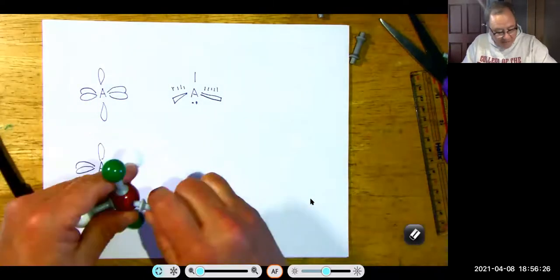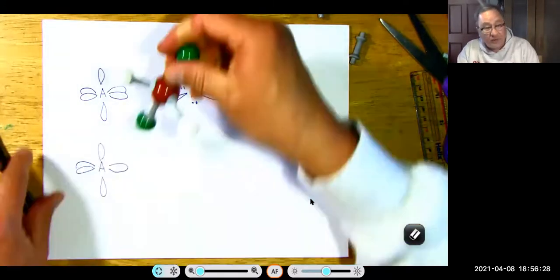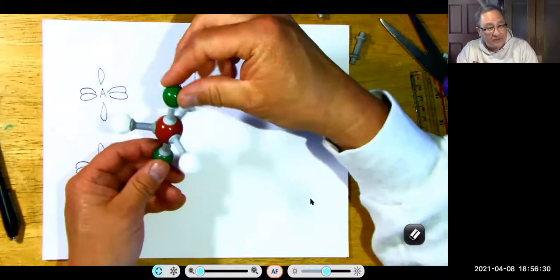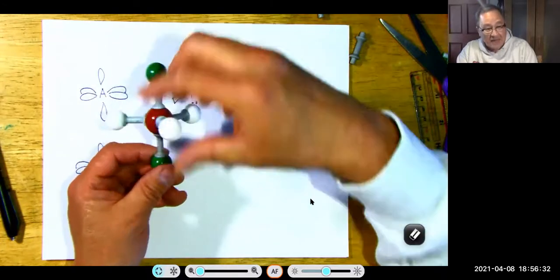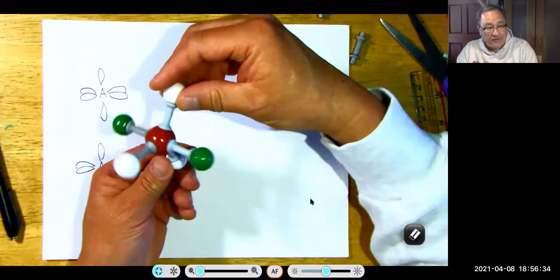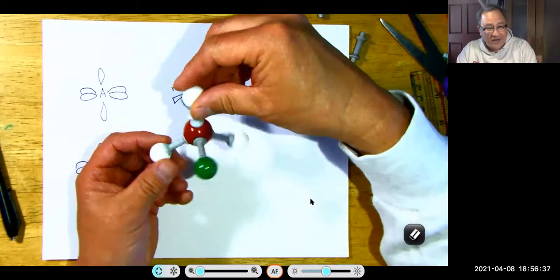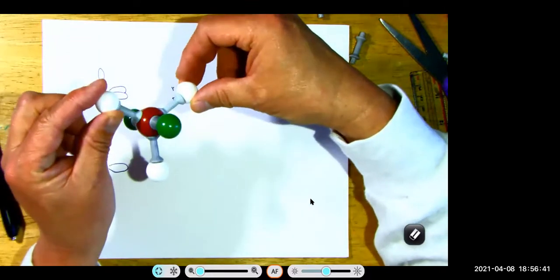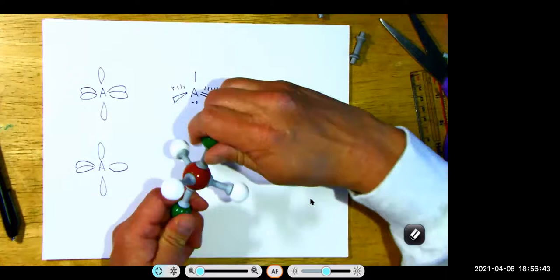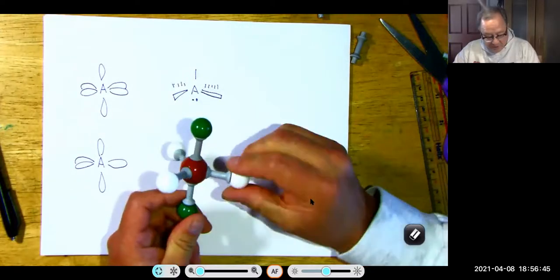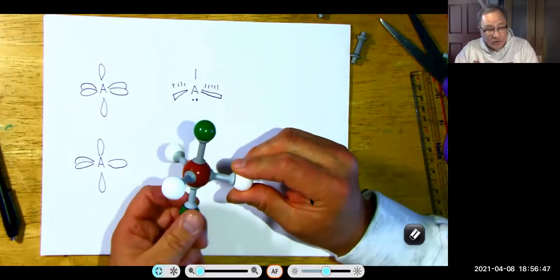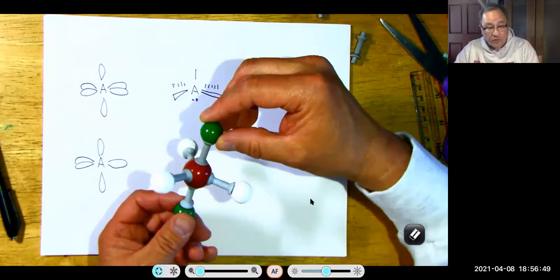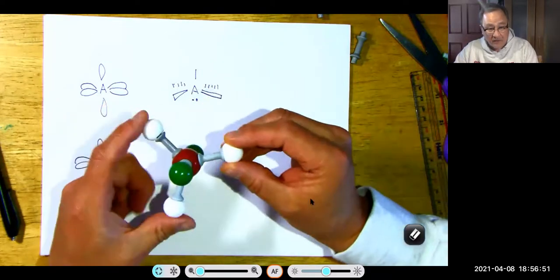So remember the last one I tricked you. I had the 2 green ones and I said, clearly these are axial and you couldn't grab another 2 and make that happen. So I'm going to grab another 2 and you can see that, oh, that's not axial. They're not opposite one another, are they? It makes sense because there's 6 pairs and it's a circle. Yeah. This one, there's only 5 pairs. So you're going to have 2 that are opposite and 3 that make what I call a propeller.